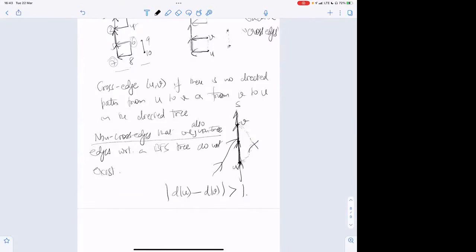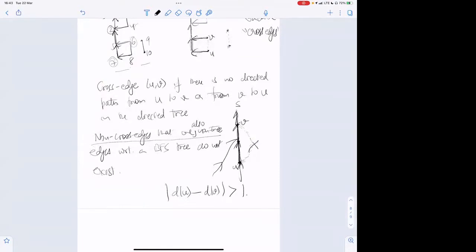One last thing I want to say is, this is a very simple property and I guess all of you can see that. How will you find whether a graph is not a tree? Or how will you find whether an undirected graph has a cycle?